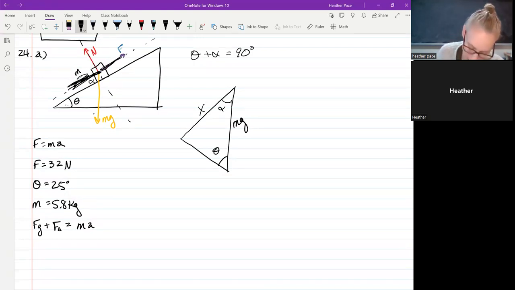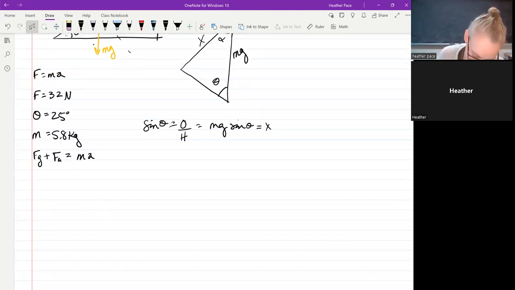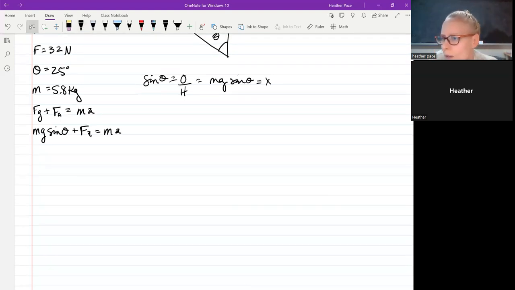And we know that sine theta equals opposite over hypotenuse. Hypotenuse is going to be mg. So we've got mg sine theta equals x, and our x is the F_g component that we want. So F_g is mg sine theta plus the applied force that we're given equals ma. All right, so we're solving for acceleration.